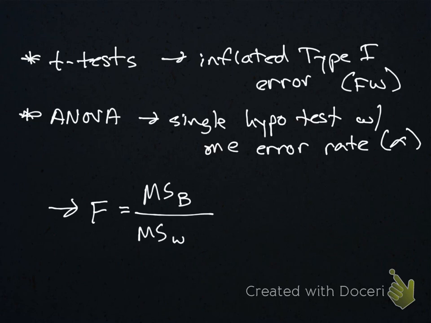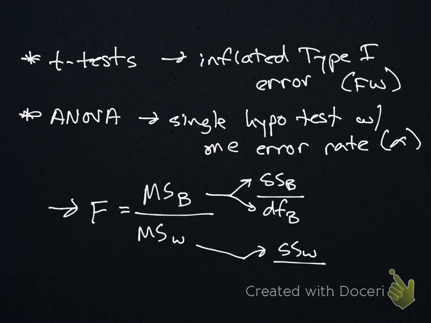Each of these variances, the between and the within subjects variances, is comprised of two component parts. The mean square between has a sum of squares between and a degrees of freedom between. The mean square within has a sum of squares within and a degrees of freedom within.